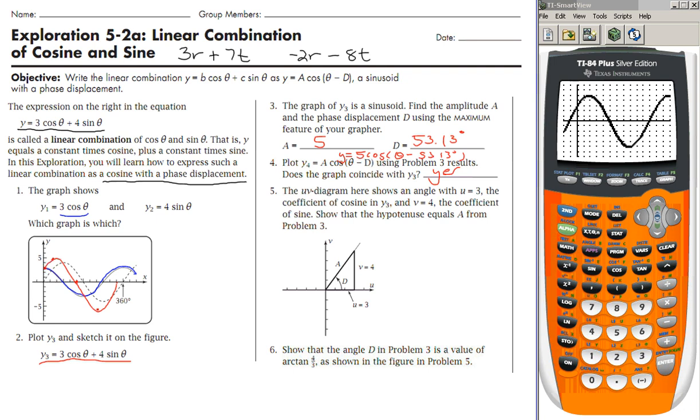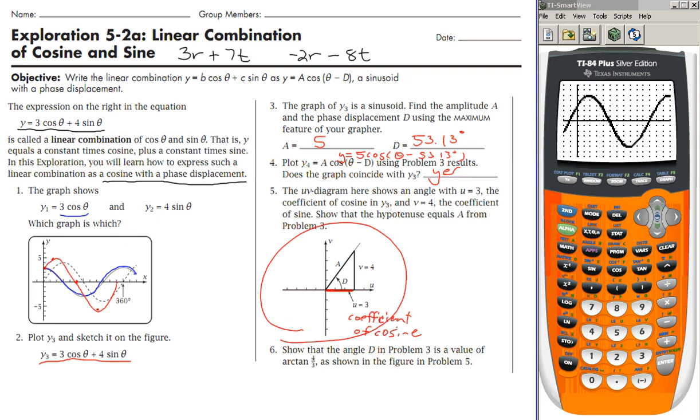Now, what we're going to do is try to think about, well, okay, if I didn't want to do it graphically and figure out what the equation was from the graph, how could I figure out what the equation was algebraically? And really the key relies in this picture here, which is kind of weird where it comes from, but just roll with it. So what I did is I made a picture in the UV plane, right, where the u coordinate was the coefficient of the cosine part of the linear combination, right?